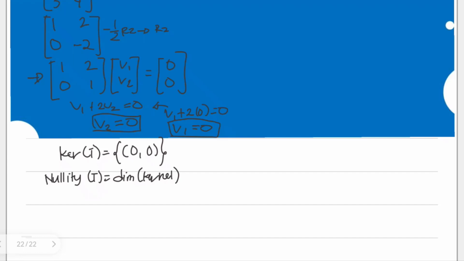If your kernel of T contains only the 0 vector such as this, the nullity is 0. The 0 vector will not be counted as 1 as a dimension of the kernel because it's just the 0 vector itself. So for this case, since the kernel of T contains only the 0 vector in R2, the nullity is just 0.